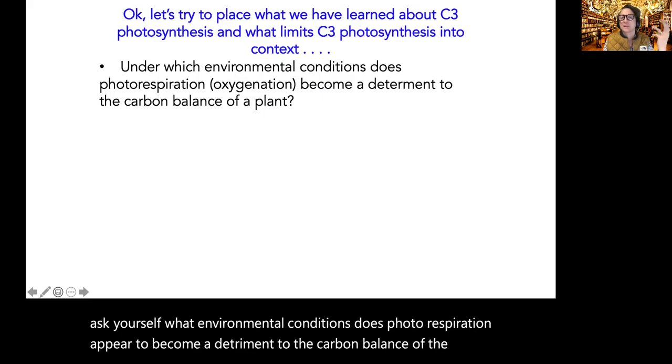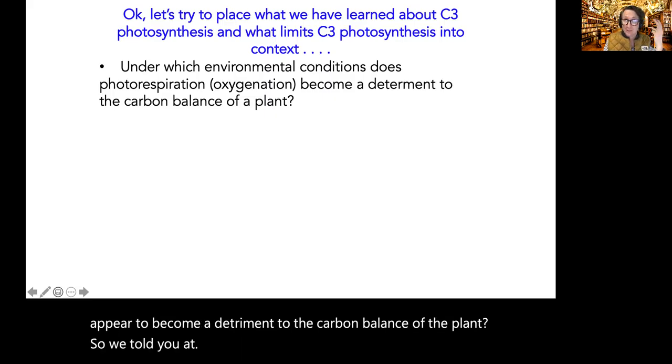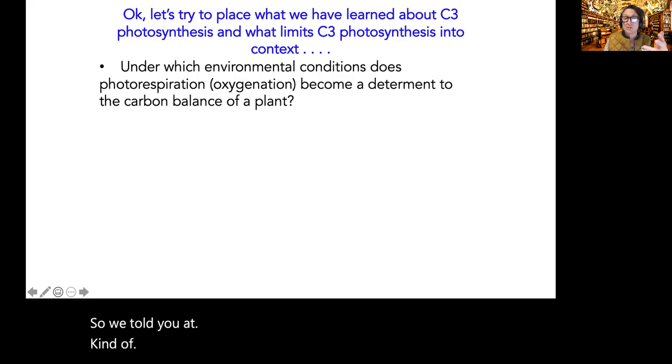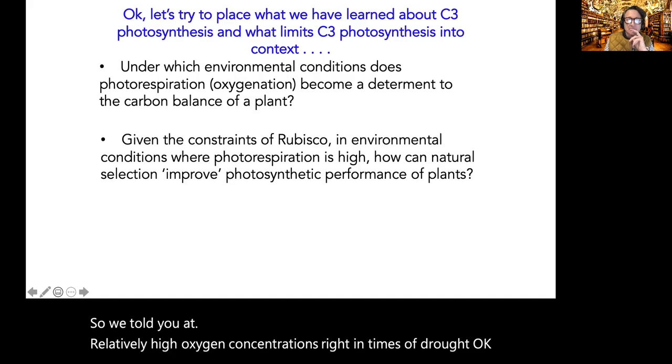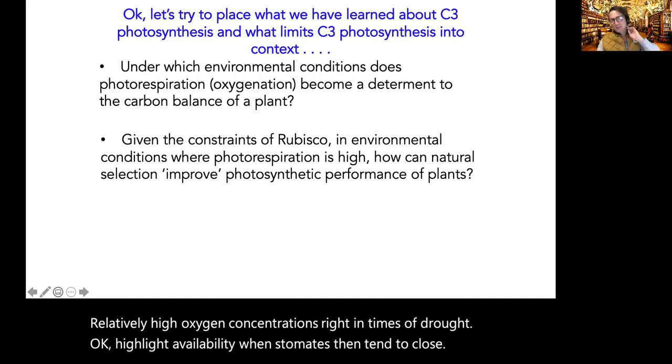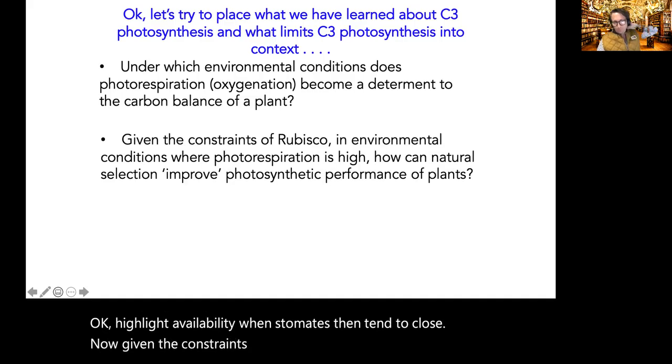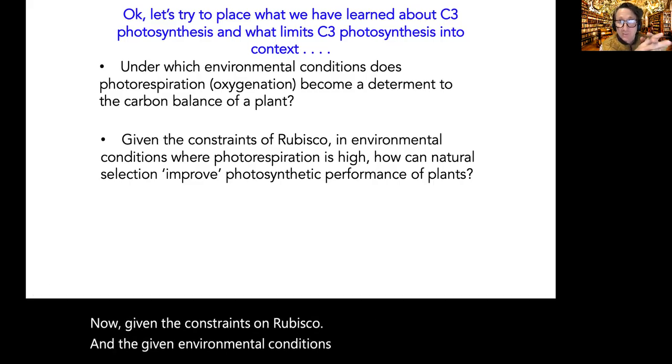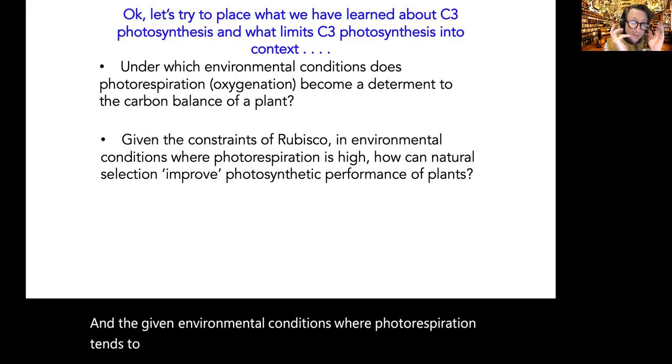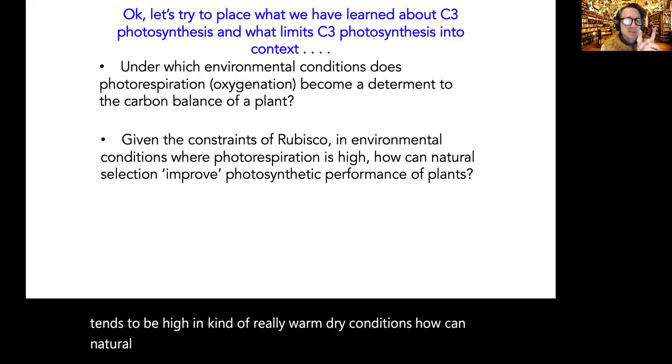We told you at relatively high oxygen concentrations, in times of drought, and high light availability, when stomates tend to close. Now, given the constraints of Rubisco and the environmental conditions where photorespiration tends to be high, in really warm, dry conditions, how can natural selection improve upon the photosynthetic performance in plants?